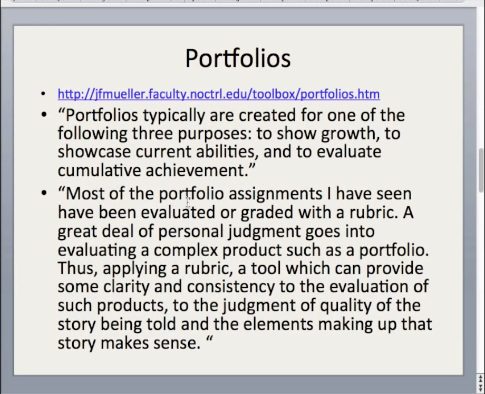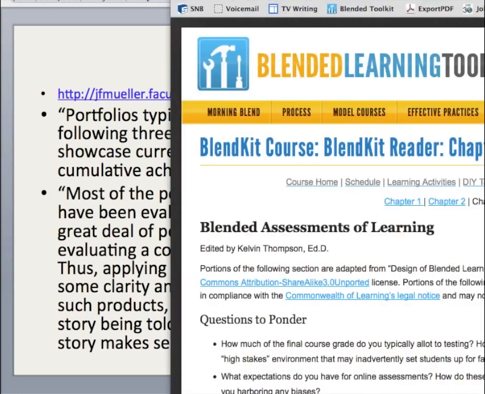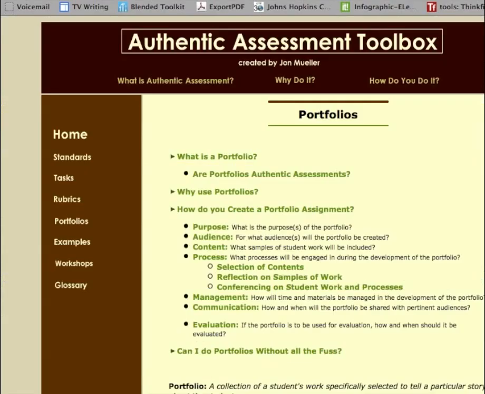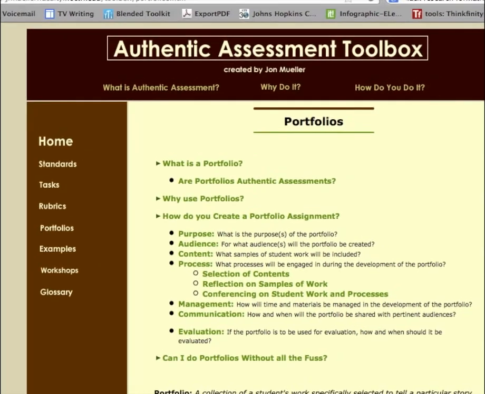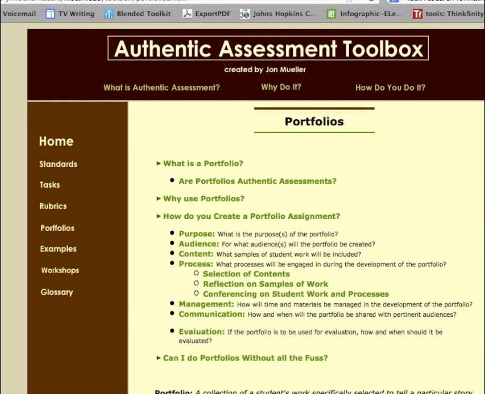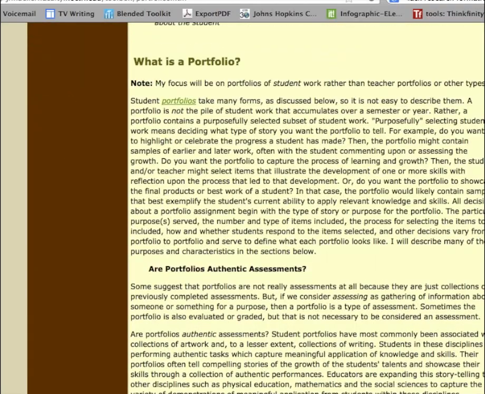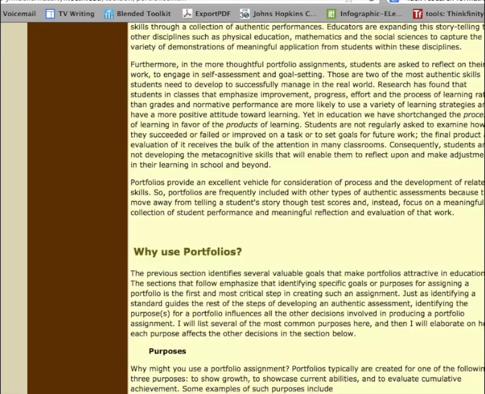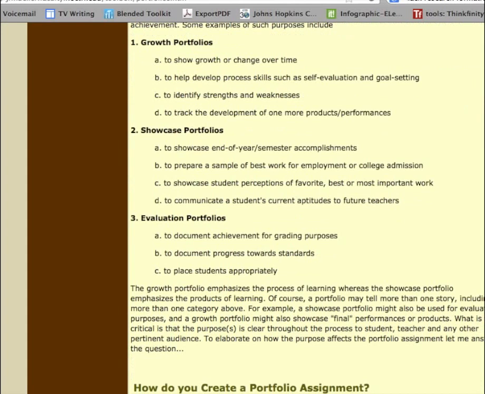Portfolios, one of our all-time favorites, and something that going forward with this class we'll be doing a lot more of. All right, so the portfolio site you'll be going to is through John Muller, who I'm a huge fan of. There is a ton of information, great resources, lots of links here.